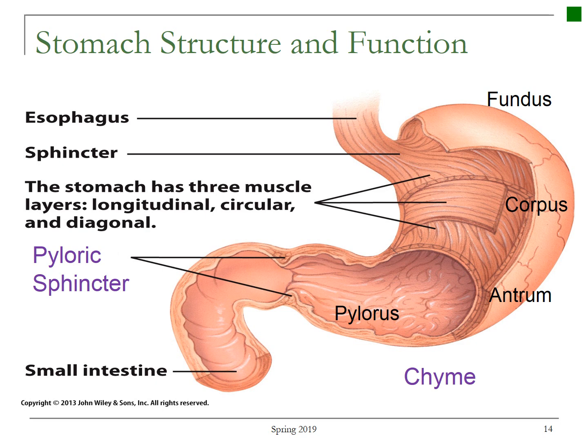Additionally, the presence of acid and the nutrients in the duodenum stimulates the regulatory hormone GIP to slow gastric emptying of the stomach. This ensures that the amount of chyme entering the small intestine does not exceed the ability of the intestine to process it.